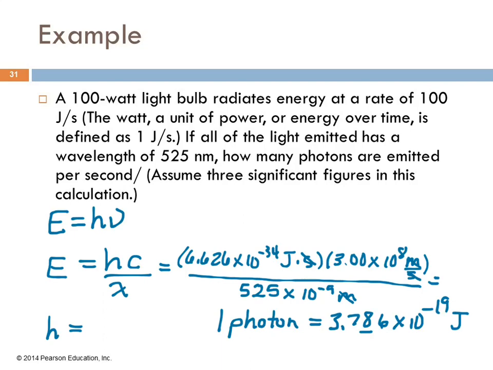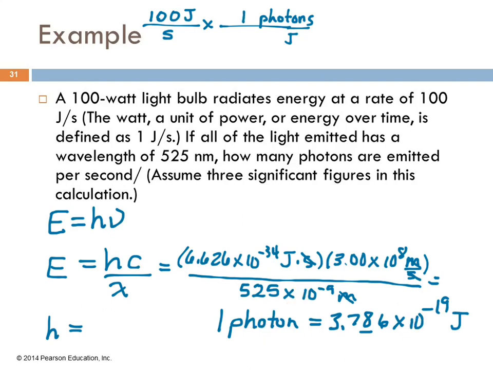So they're saying how many photons per second? Okay, well, what we have here is 100 joules per second. We want photons per second. So we want to multiply by photons and divide by joules. And that's what we just calculated here.